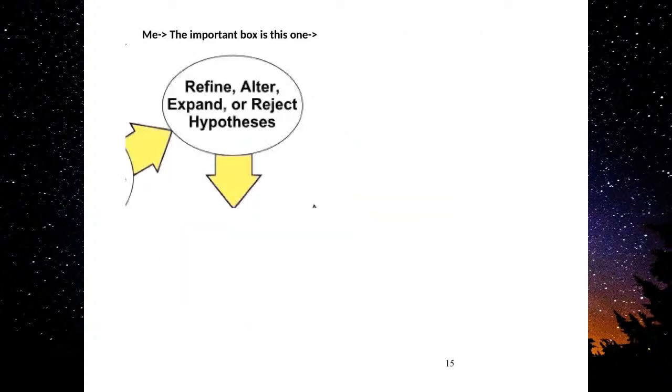So the important box is this one. There's the box we go into where you refine, alter, expand, or reject a hypothesis. A hypothesis is really a theory to be tested, and if you test a hypothesis and you think it's valid, then you're more confident in calling it a theory.